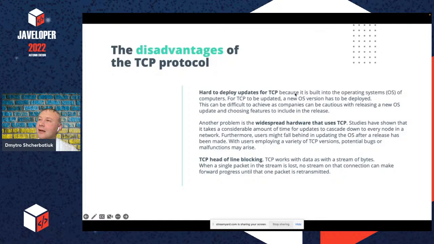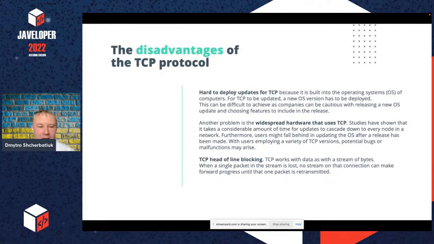In this case, we can't do major updates of TCP, because something can break and fail. If we do a major change, we need to update all operating systems and routers and all devices in the world.